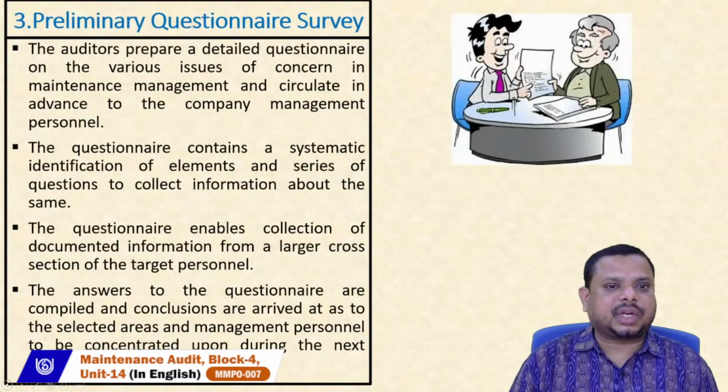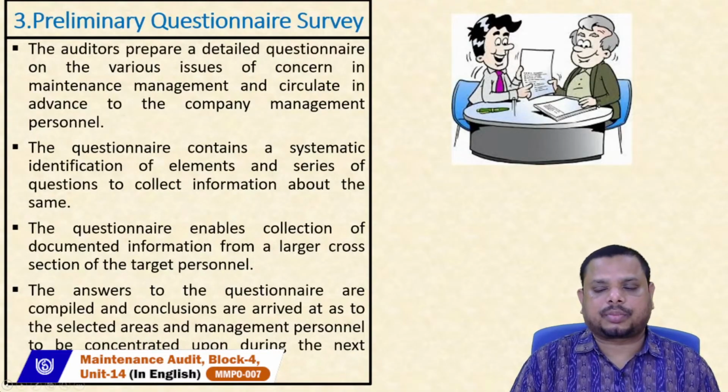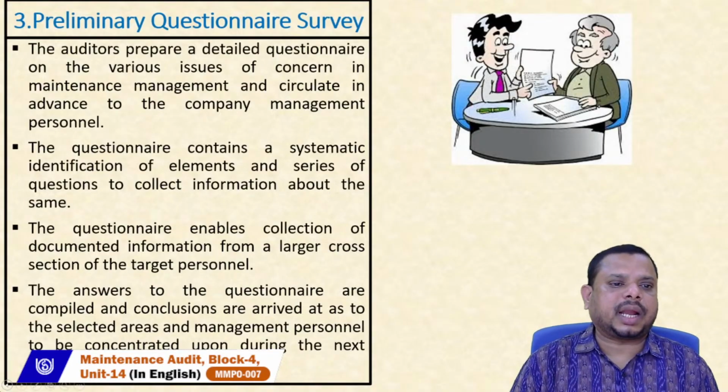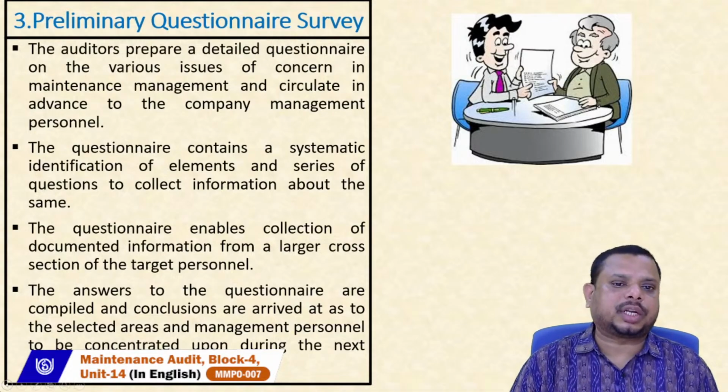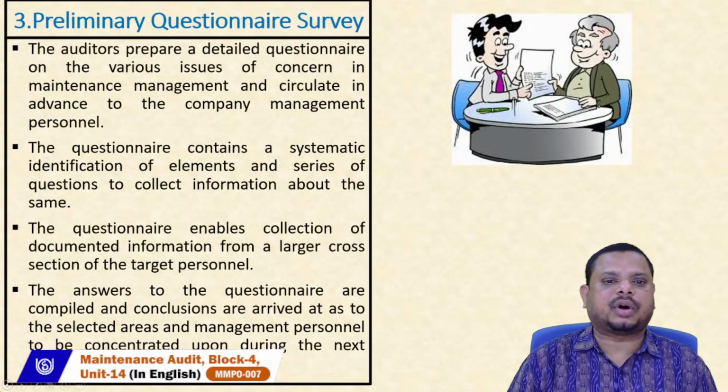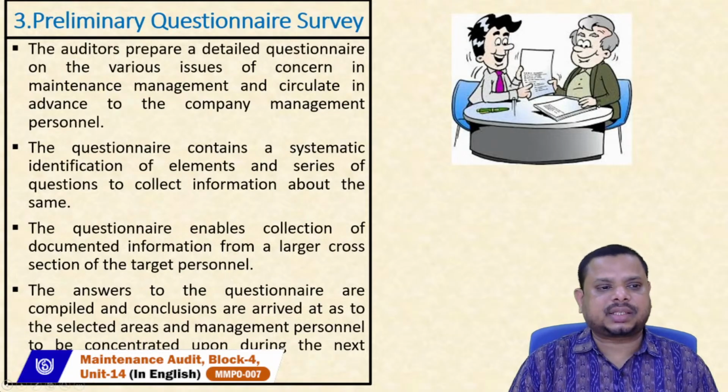The third step is the preliminary survey, or preliminary questionnaire survey. The auditor prepares detailed questionnaires on the various issues of concern in maintenance management, starting from the goal, objectives, process, procedures, and the maintenance team. These questions are prepared by the auditor team and circulated in advance to the company management personnel. The questionnaire contains a systematic identification of elements and a series of questions to collect information about them.